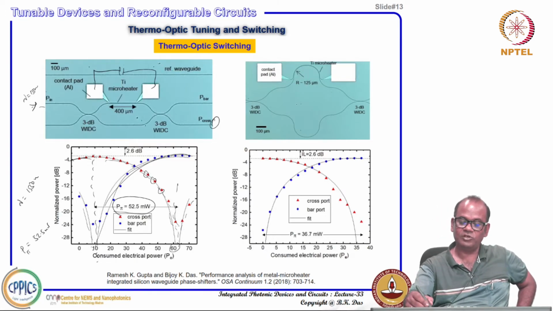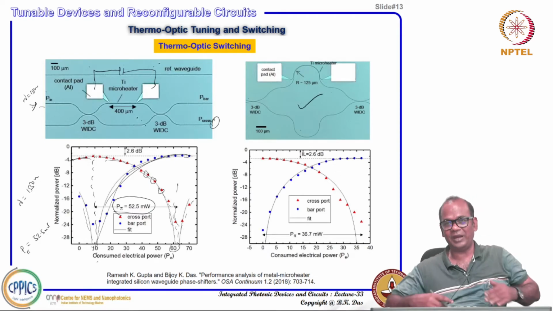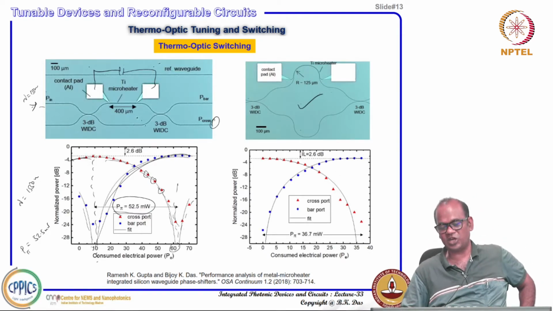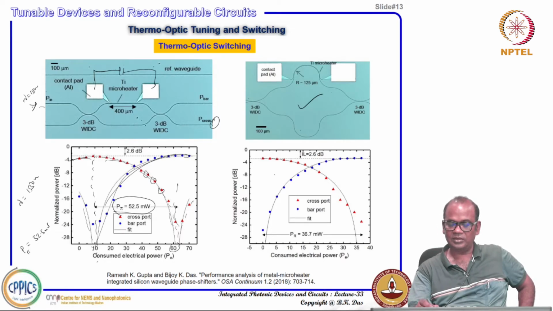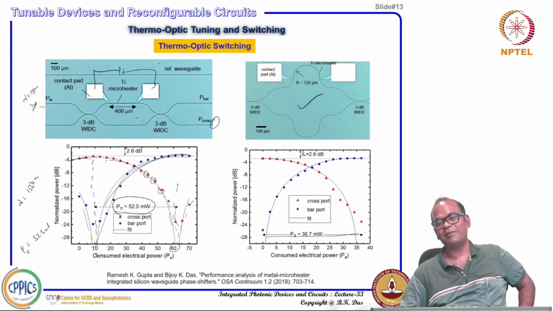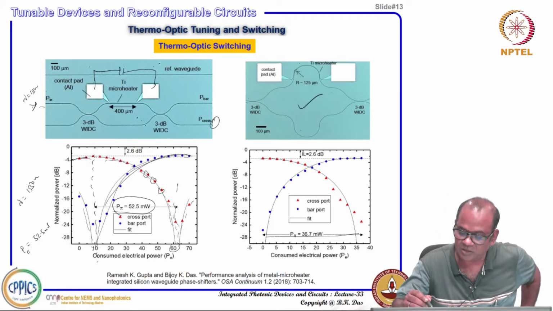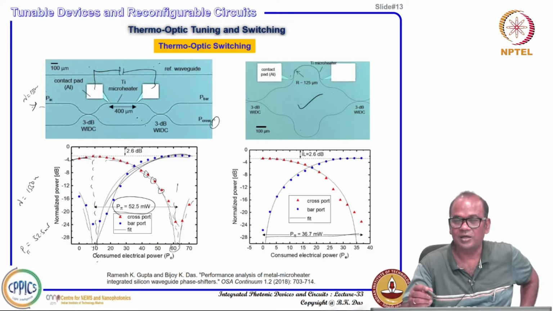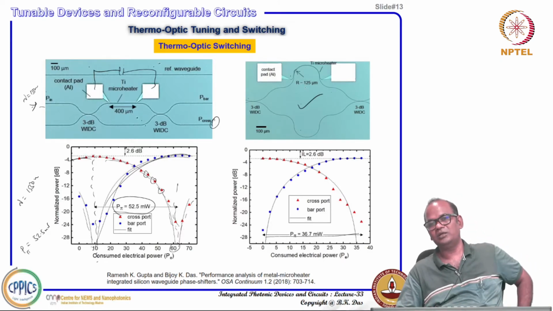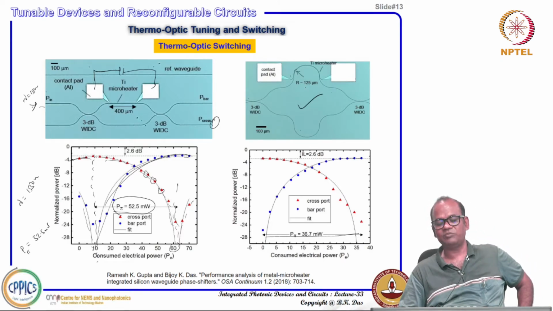Similarly, if you do a similar experiment for the bent microheater structure, where the efficiency or sensitivity is slightly higher, we found that the maxima to minima happens at only 36.7 milliwatt. It is because the heat is concentrated within a small region, so a longer length of the waveguide gets a higher temperature and the phase shift will be higher.